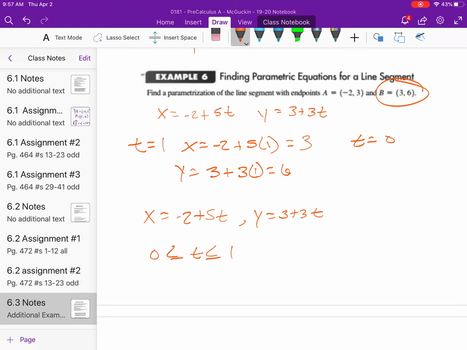If you let t equal 0, you're going to end up getting your A coordinate. You will see that x would equal a negative 2, and then y is going to equal a positive 3. And so we're going to parameterize that for all of the values that lie in between 0 and 1.